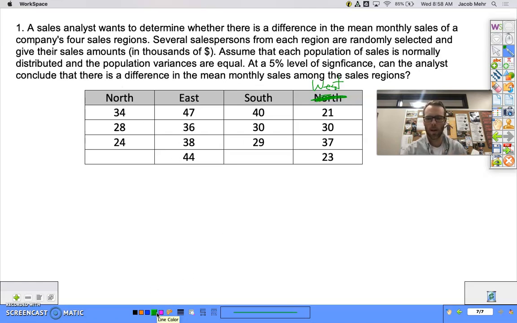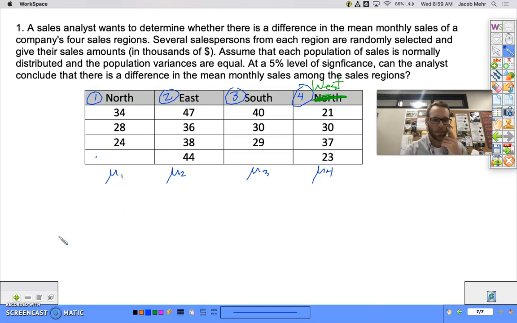So let's just number our regions here. Let's call this region 1, 2, 3, 4. And again, for each of these regions, they have their own population mean, but we don't know what they are. And we're not going to find them. We're going to make a test to see if all those population means are the same.